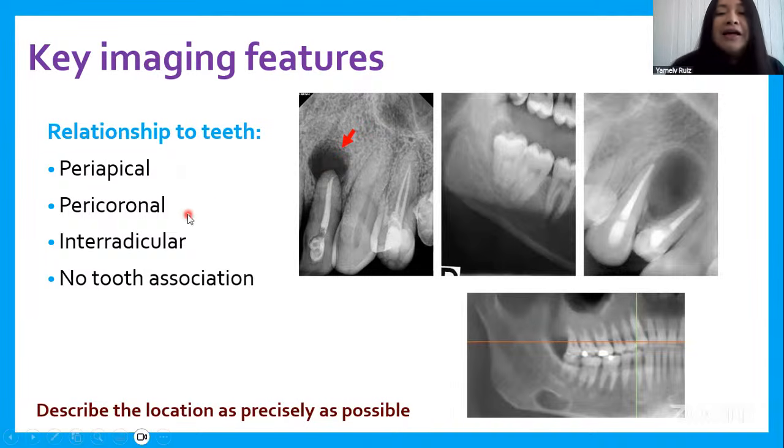If the lesion has a pericoronal relationship, like this image, which is very common in the dentigerous cyst, or if the lesion has an interradicular relationship with the teeth, or if the lesion has no tooth association. That is very important because, as I said before, sometimes that helps us think of a specific differential diagnosis.